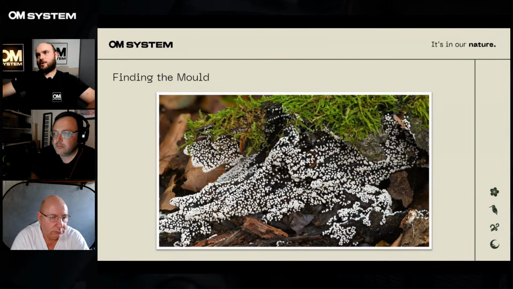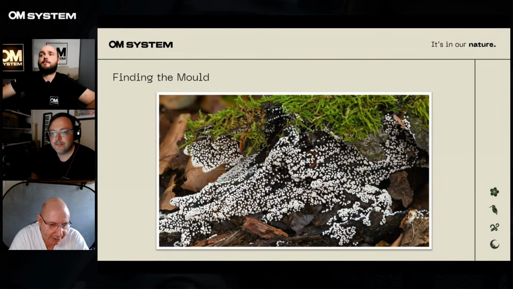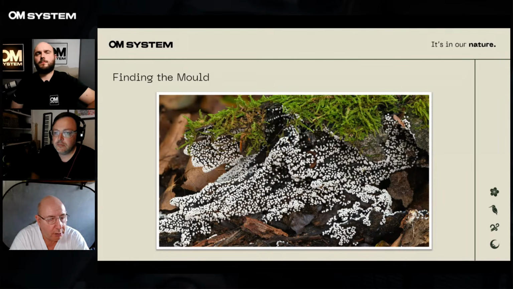There's a great question that's just come up that's probably relevant right now. Do you prefer coniferous or deciduous woods to find them? Most of my hunting at the moment has been done in ancient woodland, so they are deciduous. But curiously, a lot of this stuff is found around holly bushes.